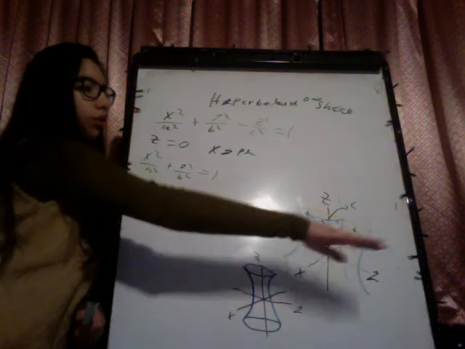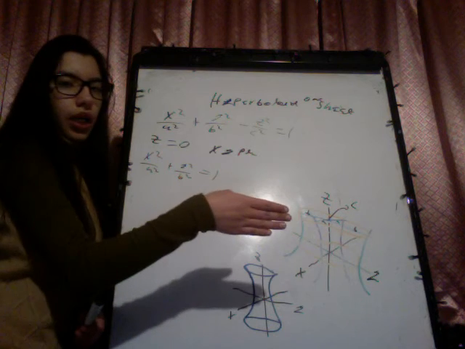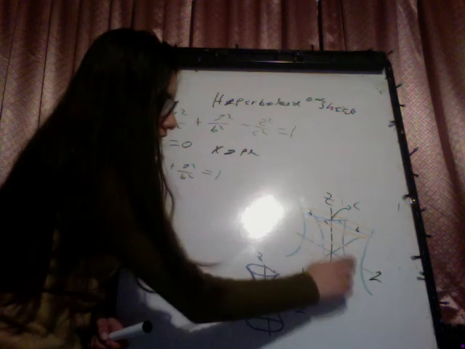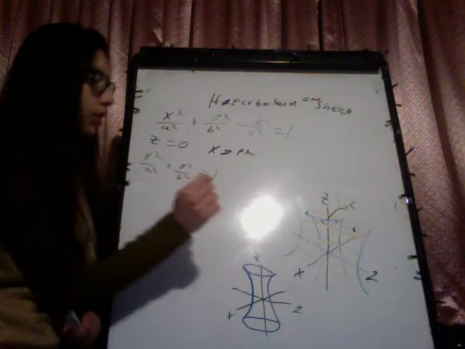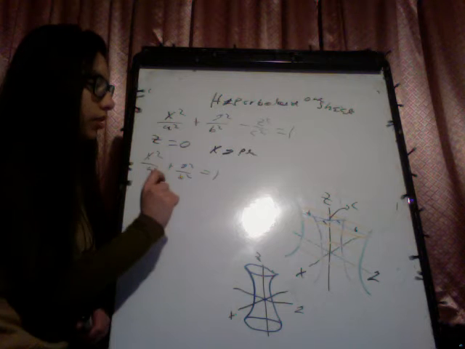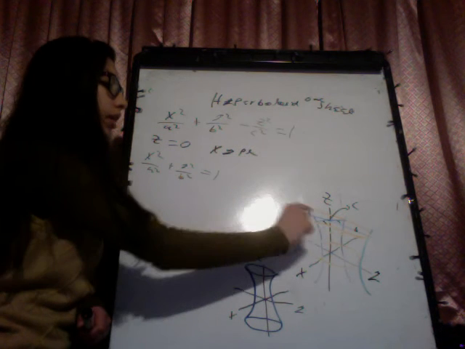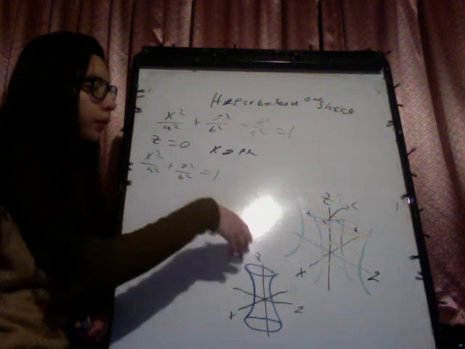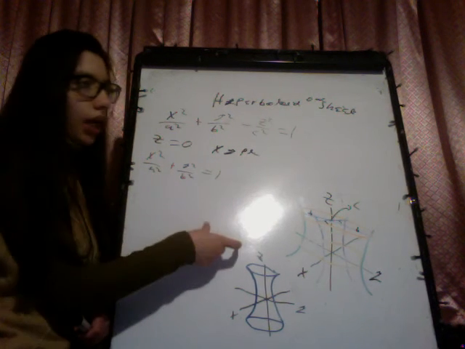If you do a horizontal cross section, you will see an ellipse, and in this ellipse, a is the distance from the center to one of the boundaries of the ellipse, to one of the semi-axes.